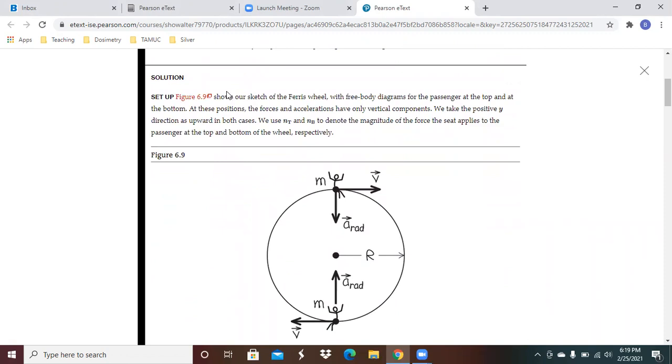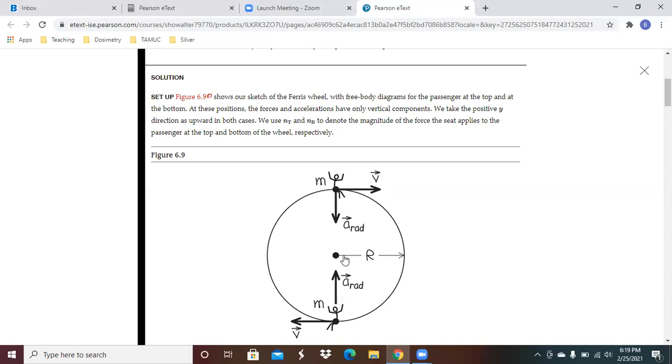So we're going to set this up, and this shows our sketch of the Ferris wheel with free body diagrams for the passenger at the top. This is a little stick dude, and we're looking at radial acceleration this way, and the velocity going that way. And then down here, when it comes back down, the velocity is that way, and the mass is whatever the mass is.